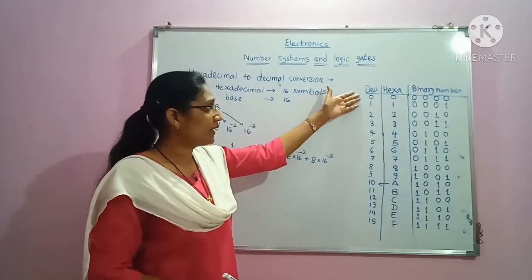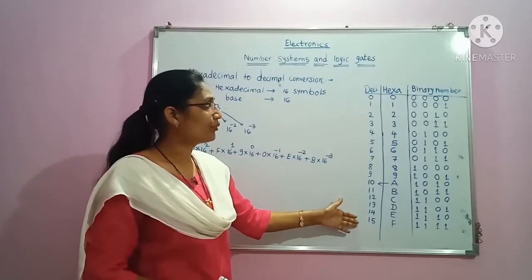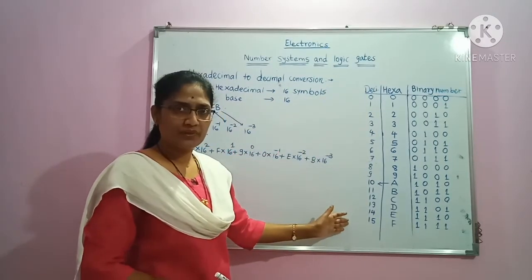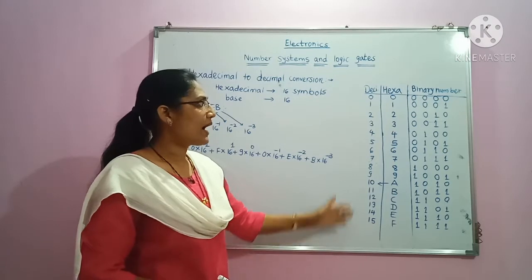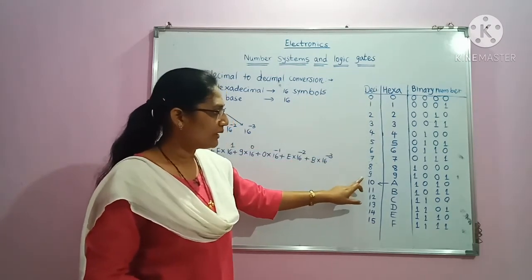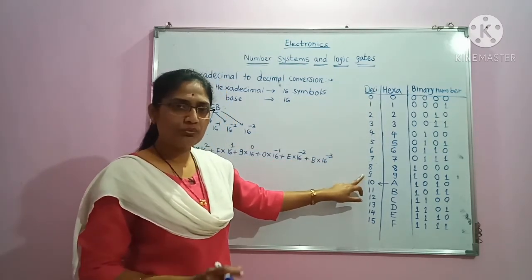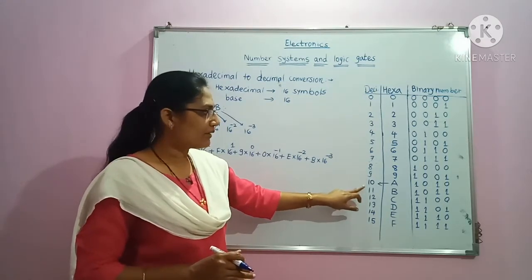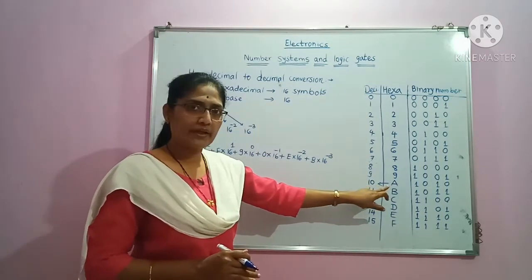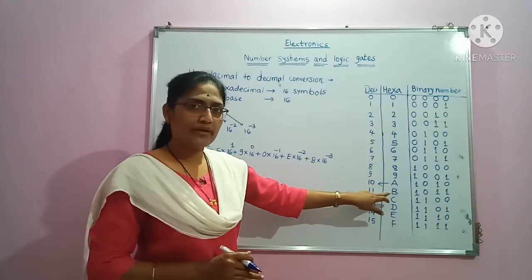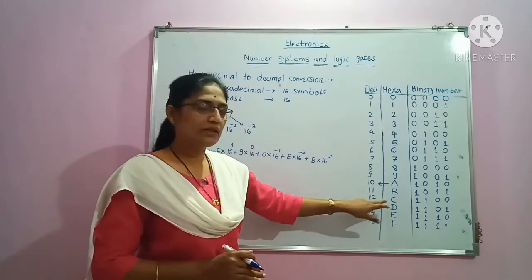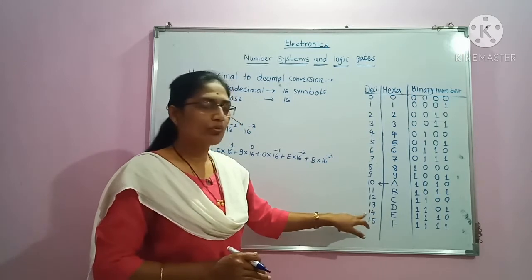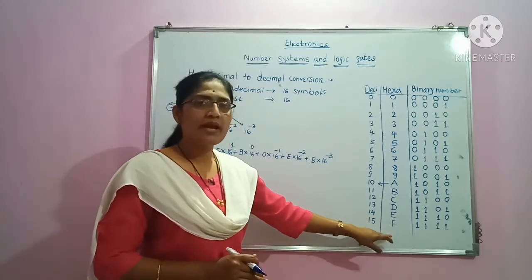We have written decimal numbers from 0 to 15. These are the 16 numbers, and up to 9 we write the same numbers, that is 0, 1, 2, 3, 4, 5, 6, and for 10 we write A, for 11 B, for 12 C, 13 D, 14 E and 15 F.